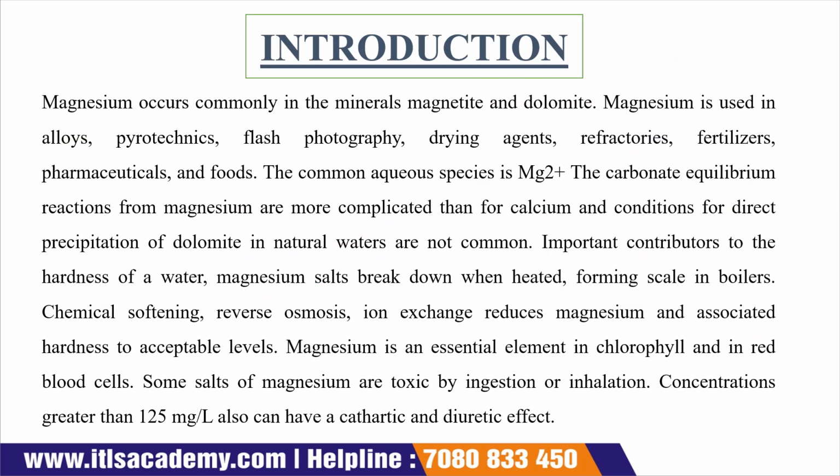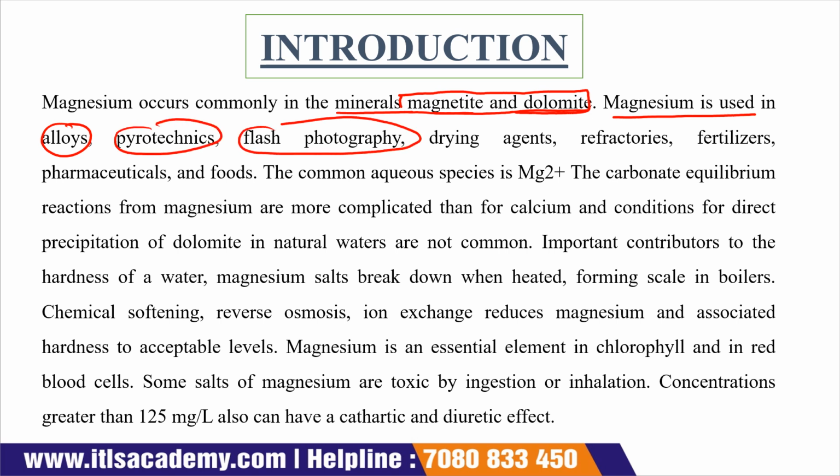Introduction. Magnesium occurs commonly in minerals like magnesite and dolomite, and magnesium is used in alloys, pyrotechnics, flash photography, drying agents, refractories, fertilizers, pharmaceuticals, and food.